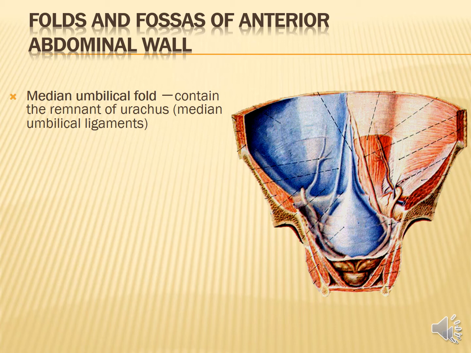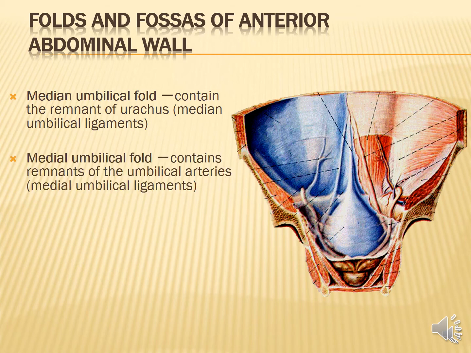In midline we appreciate the median umbilical fold, which is unpaired because it is in midline, and it contains the remnants of urachus. On either side of the median umbilical fold, another set of umbilical fold is present, which is known as medial umbilical fold.